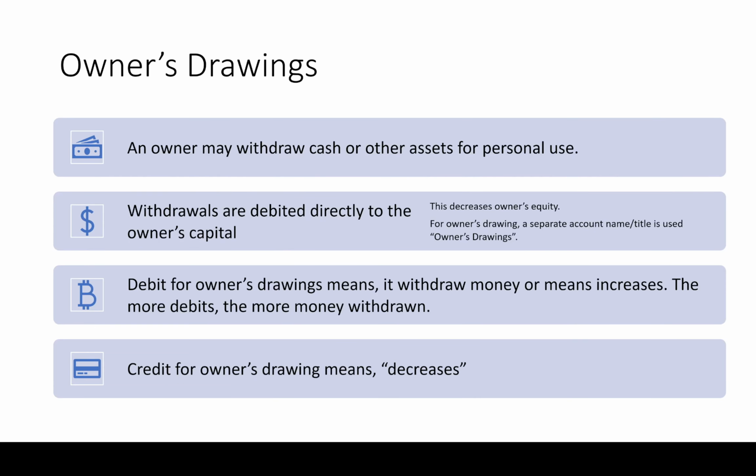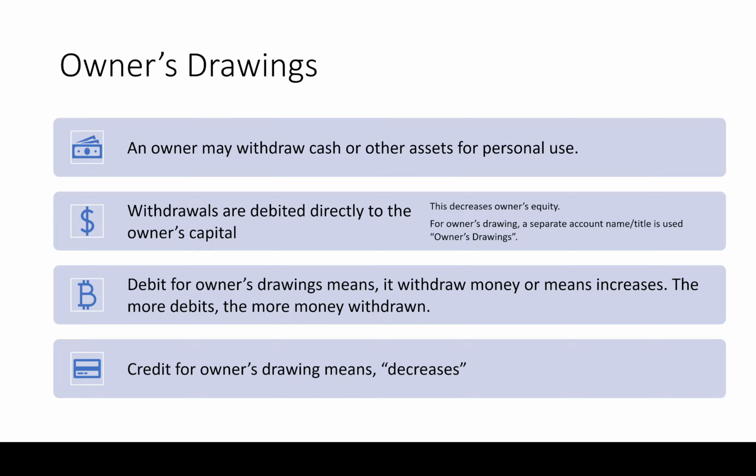So how does it work with owner's drawing? Just as a reminder, drawing means taking the money out. You have a company and you need money, and you ask your accountant, hey, I want to withdraw money, or you have the company's debit card and you want to withdraw some cash, and then you just withdraw. That's what it means. So withdrawals are debited directly to the owner's capital, and that means we are taking the money out.